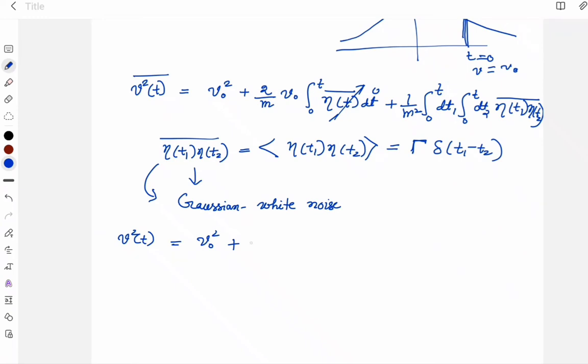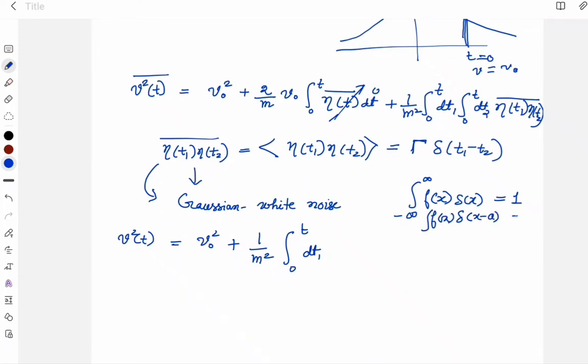So the second term is 0 and the third term is 1 over m square times the integral from 0 to t of dt1, and you know the delta function property, right? The integral of f of x times delta of x from minus infinity to infinity is, if it has delta of x minus a, then it is f of a. So not 1, it is f of 0.